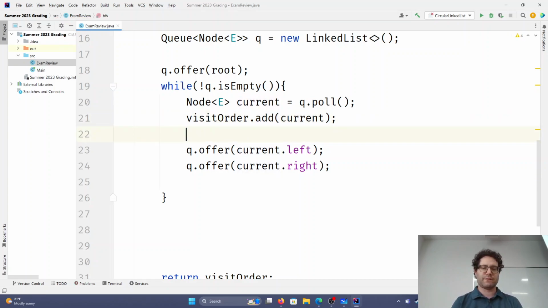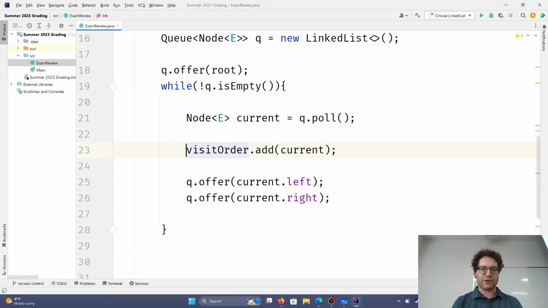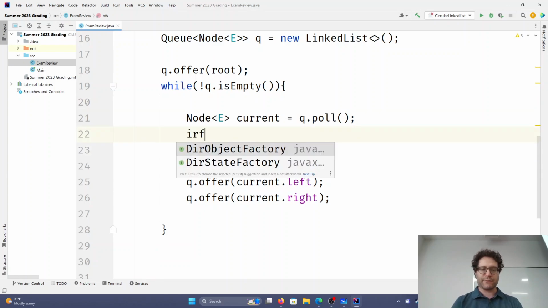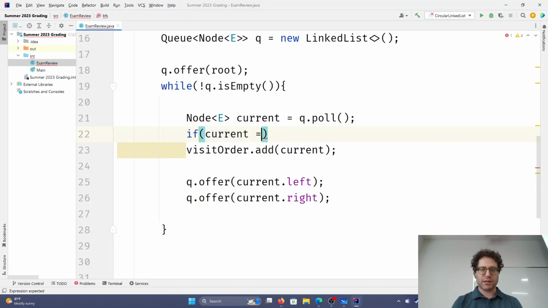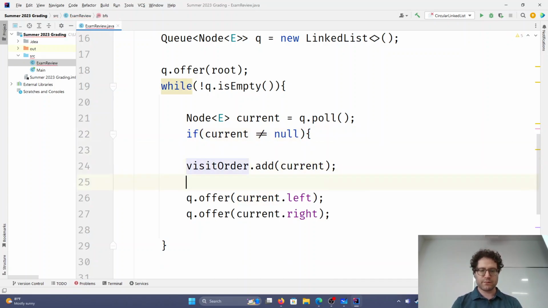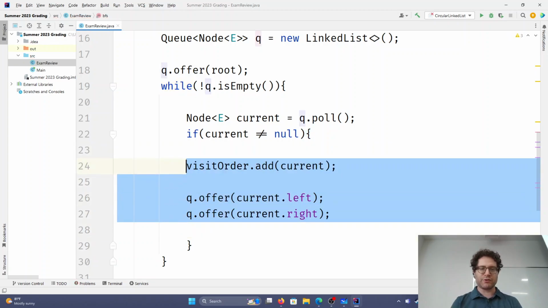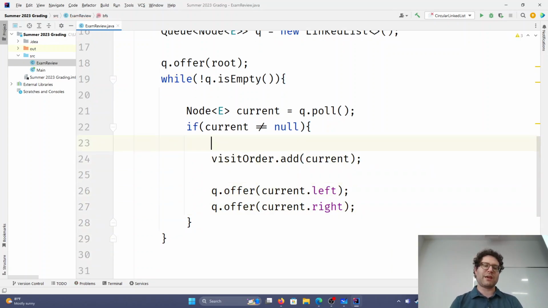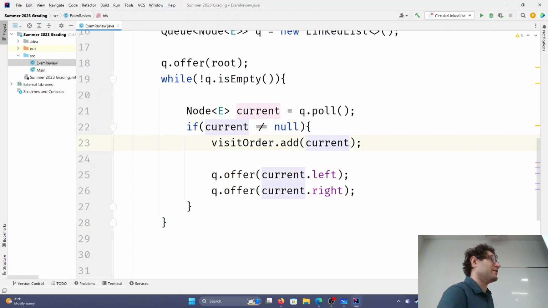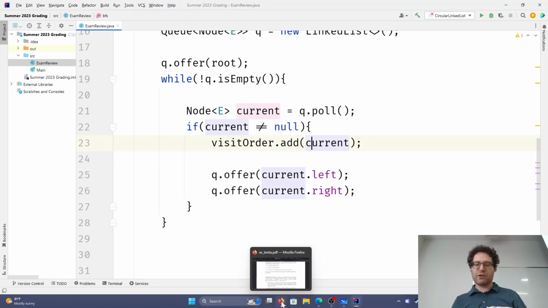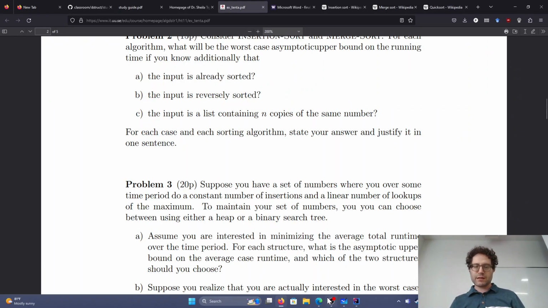Other way to deal with it, since I don't want to bother writing two if statements, is that we can say, hey, current is equal to q.poll, and if current is not equal to null, we'll just do that. So we'll do this only if current is not equal to null. And so, yes, we will be adding nulls into our list, but as soon as we identify them, we just don't do anything with them, right? So just have to handle your nulls to get full credit.